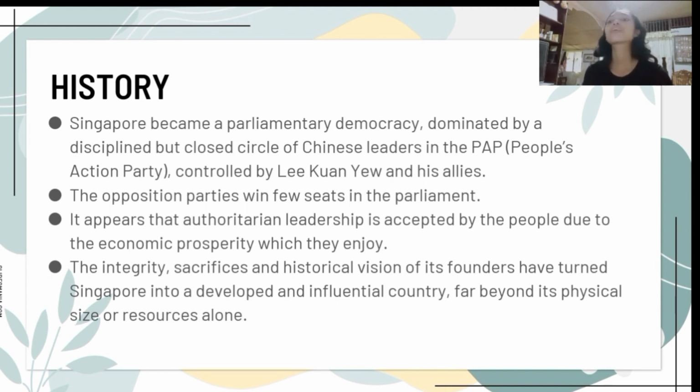When we say authoritarian leadership, it is that the decision-making power is given to one leader or one authority, and that integrity, sacrifices, and historical vision of its founders have turned Singapore into a developed and influential country, far beyond its physical size or resources alone.